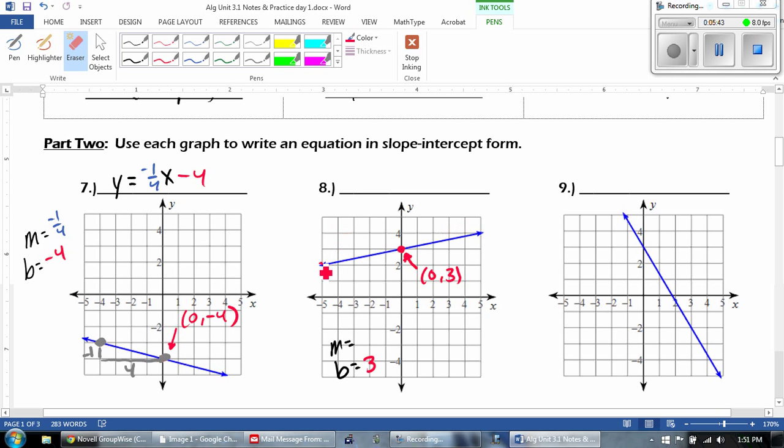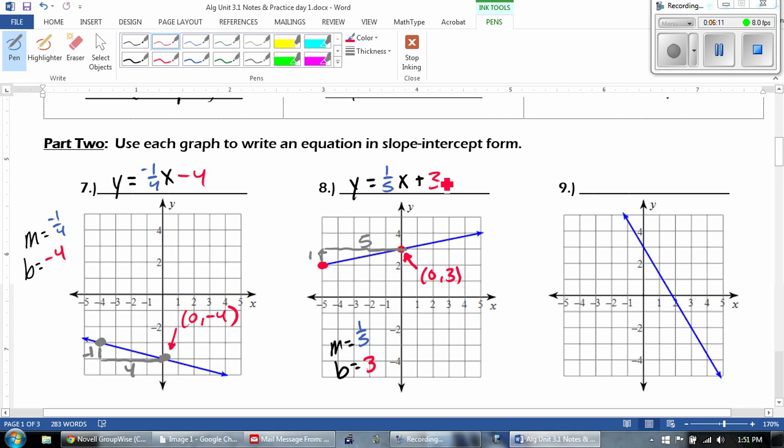I think the next point would probably be right there. So I go up 1, 2, 3, 4, 5 over 5. So my slope is 1/5. So to write the equation, we would say that y equals 1/5 x, and that is a positive 3.